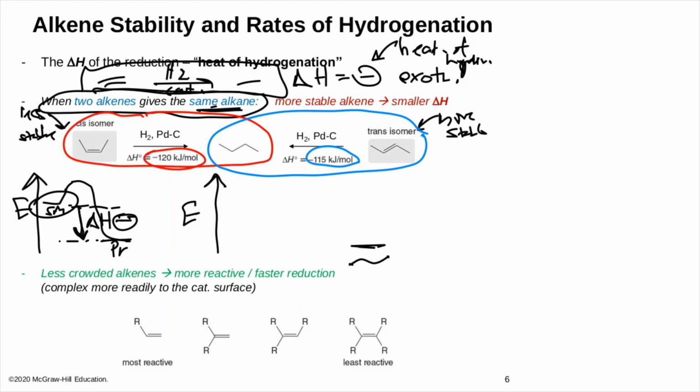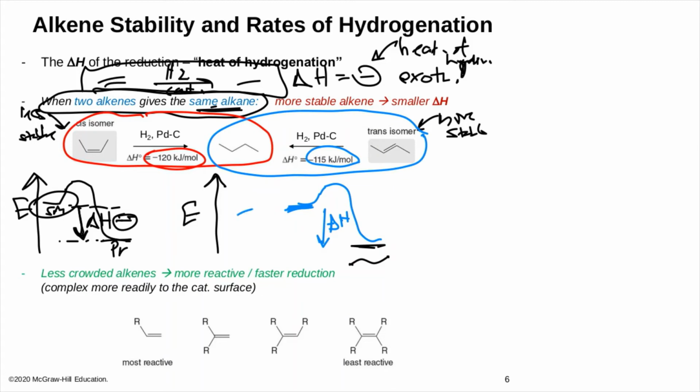Now, if our trans isomer had negative 115 kilojoules per mole, let's just draw kind of an arrow. Okay, let me just put it in blue. Here's my delta H for my trans isomer. So going from product, the starting material is at this energy, 115 kilojoules per mole higher in energy.